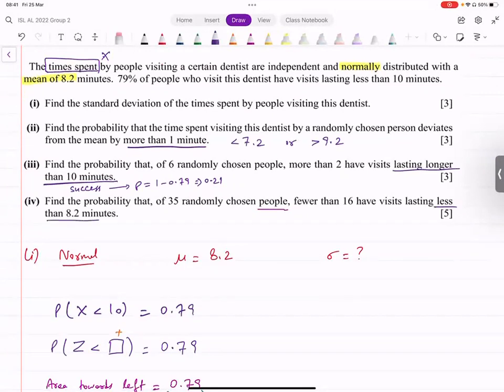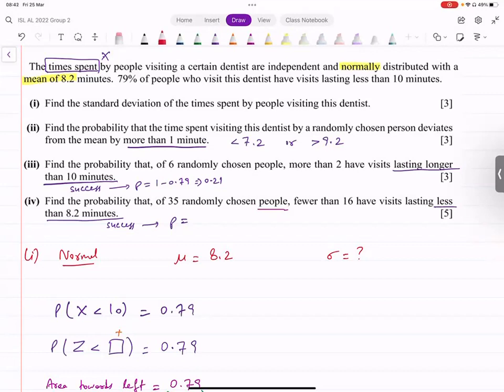Less than 8.2 minutes. That's the criteria for success here. What's the probability of success? Visit lasting less than 8.2 minutes. 0.5. Yes, so that's very good.